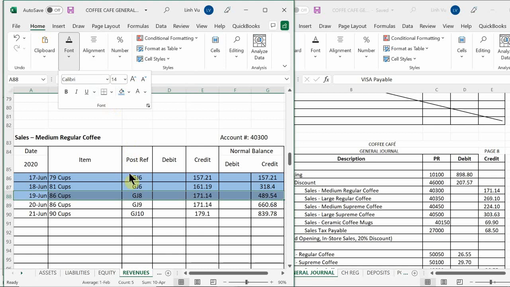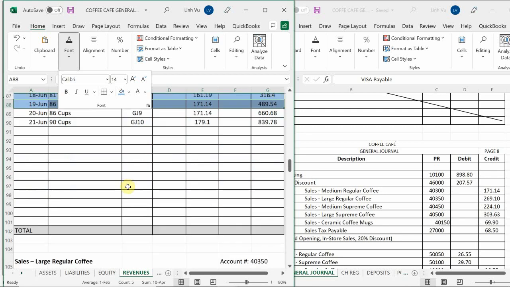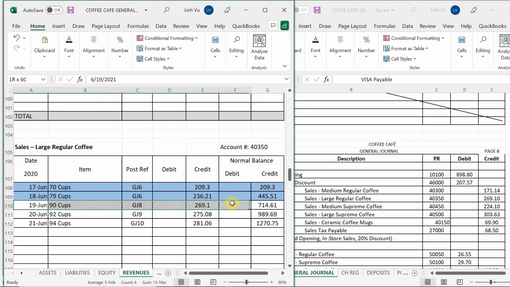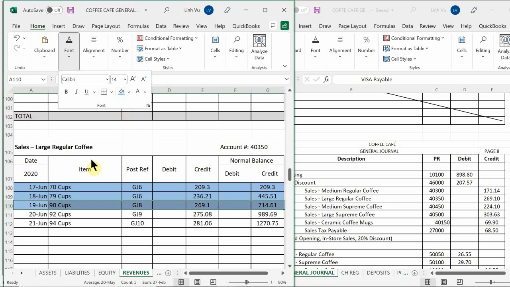Then we have the sales for the large at 269. Okay. Then we have the sales for the medium for 224.